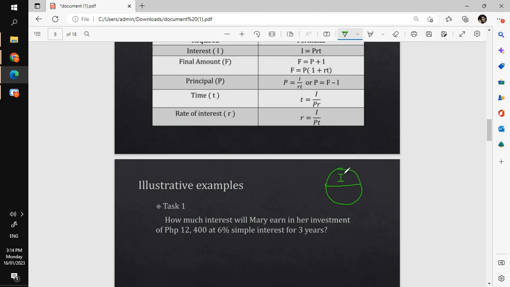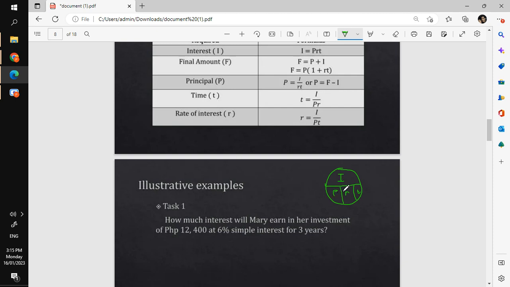We have I, P, R, and T. The horizontal line denotes the operation multiplication, and the two vertical lines denote the operation division. So if you are to look for the interest, just simply cover I.